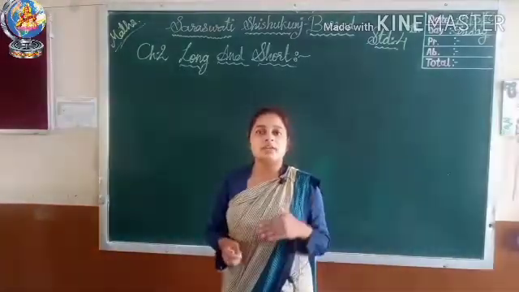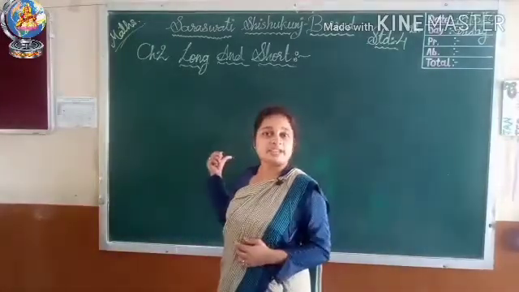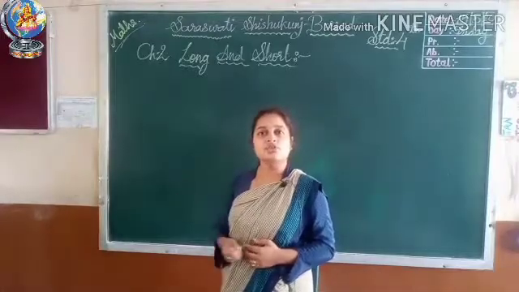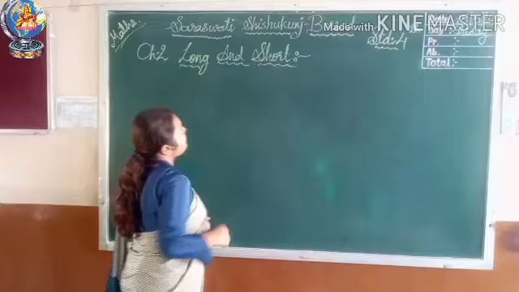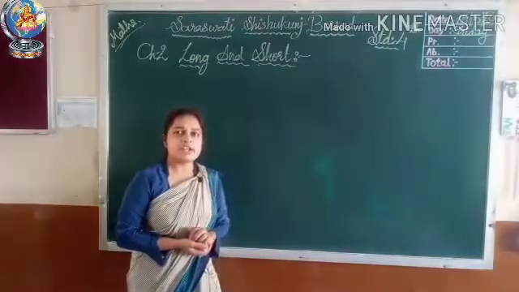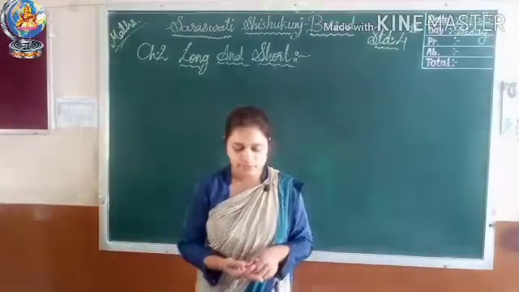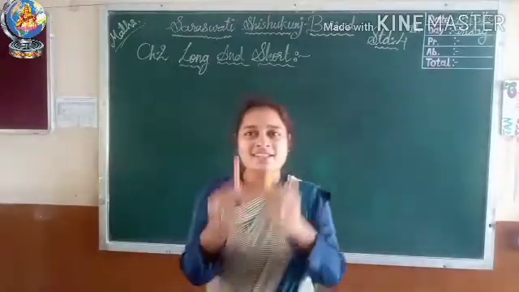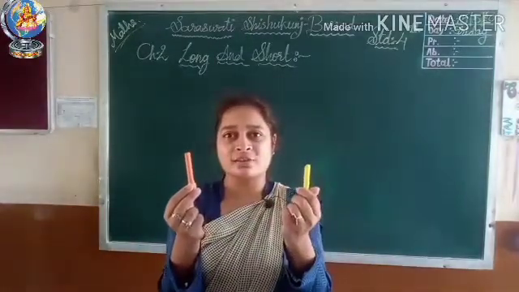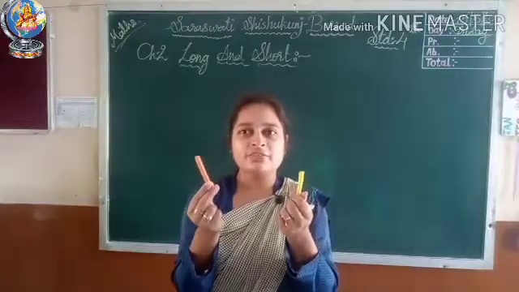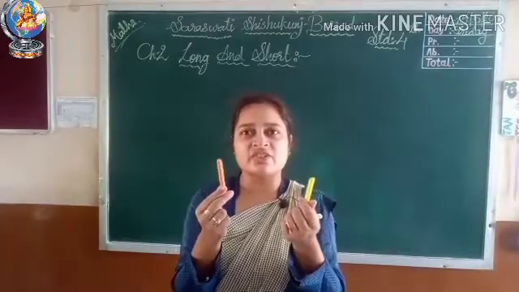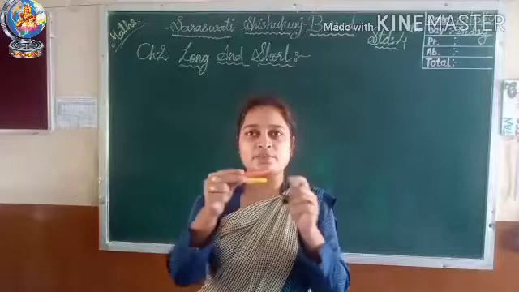Right now let's see the second chapter, Long and Short. Okay, you can see the words long and short, right? I think you can see these two chalk sticks. One is orange and another one is yellow. Can you find which one is longer and which one is shorter if I keep them in this formation?